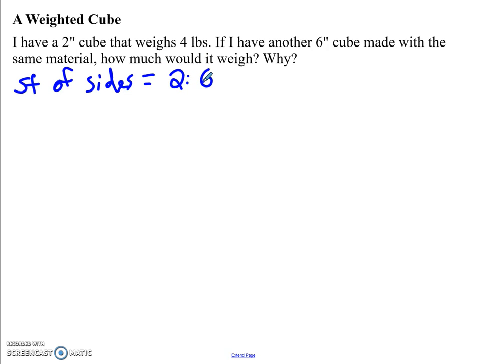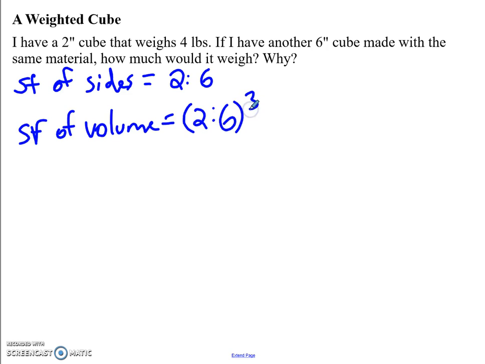So if I'm talking about volume, the scale factor of volume would be 2 to 6 cubed. So that's 8 to 6 cubed, which would be 216.